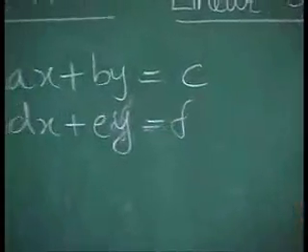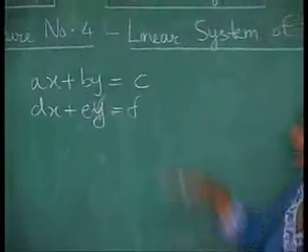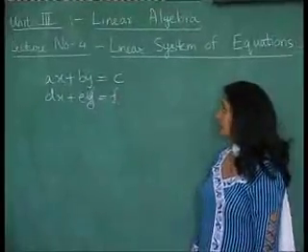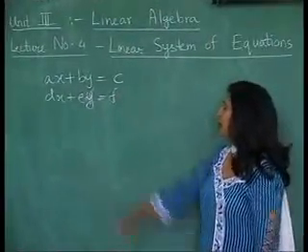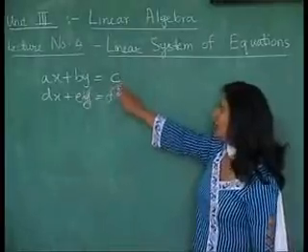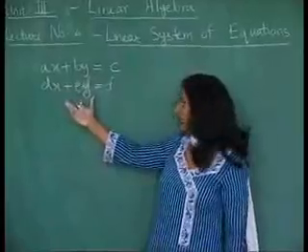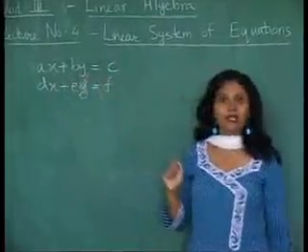So just for the geometric motivation, I am taking a system with two equations, two unknowns. This is a system of linear equations. So if I represent this geometrically, each is an equation of first degree in x and y. So it's going to represent a line.